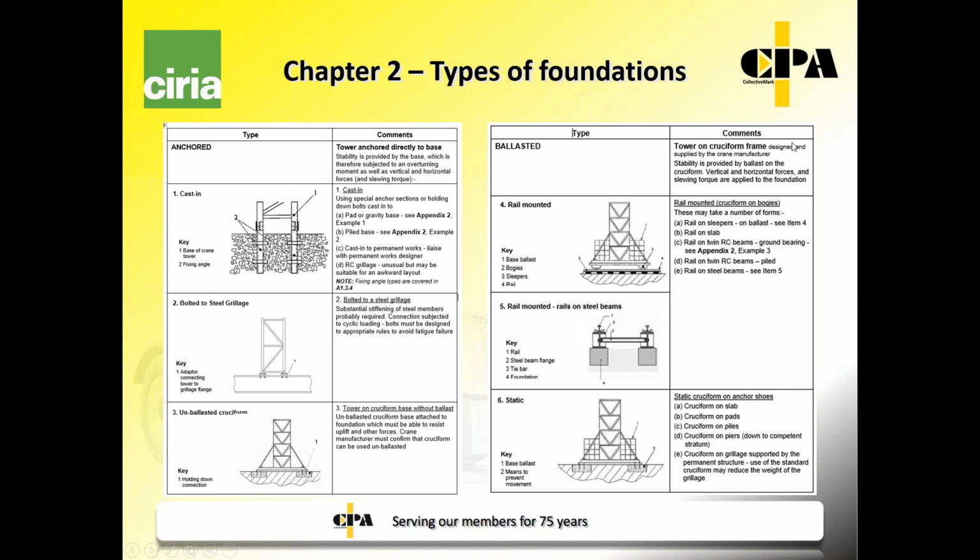And then we have the ballasted type, where you rely on ballast on the cruciform to take the overturning moment out of the system. You can mount on rails, and you can also mount statically. And these are the main types of foundations that you'll come across with tower cranes.